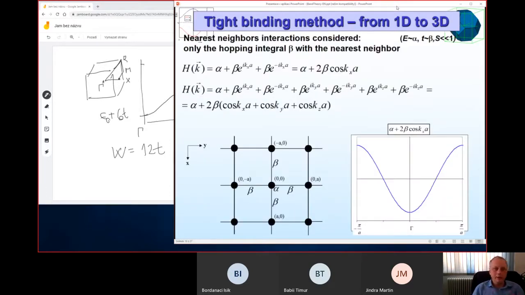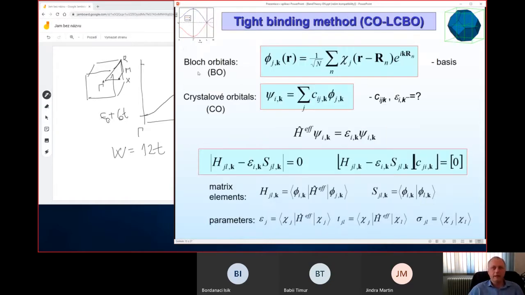So far we just considered one type of orbital, so we had only a single Bloch orbital, and we didn't have to combine different Bloch orbitals to obtain the so-called crystal orbitals. For the general case, we start with the basis functions, which are the Bloch orbitals.